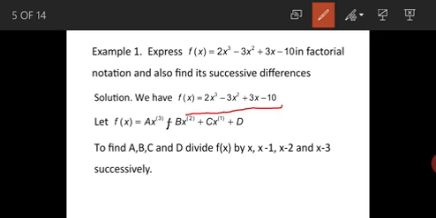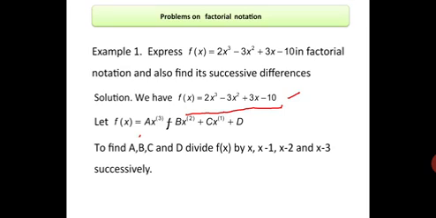Now I will represent this in factorial notation in general form. As we can see, the degrees of the polynomial are in descending order, so I will write it as it is: a x cube factorial plus b x factorial 2 plus c x factorial 1 plus d.